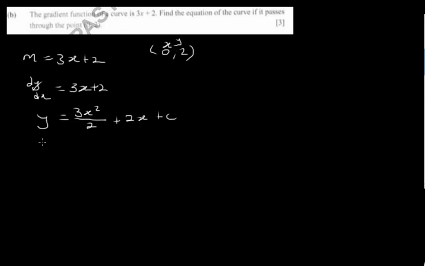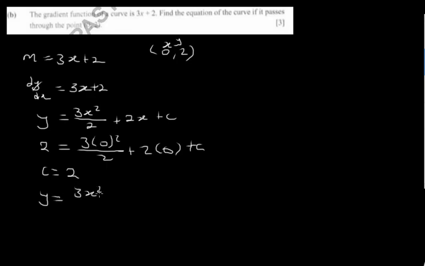Where there's y, we'll replace it with a 2, and where there's x, we'll have 0 squared over 2 plus 2 times 0 plus c. So therefore, the value of c is 2. So our equation would therefore be y equals 3x squared over 2 plus 2x plus c. And that is how we work around question number 6, A and B.